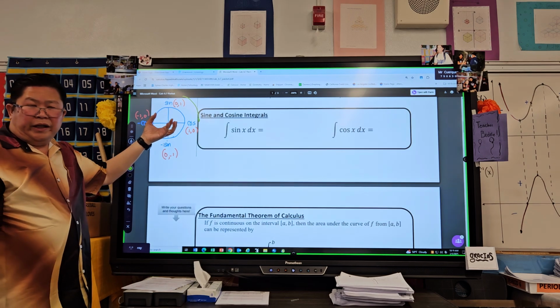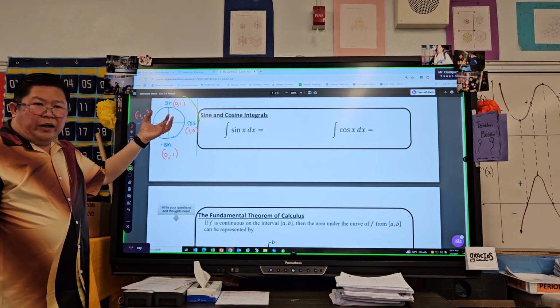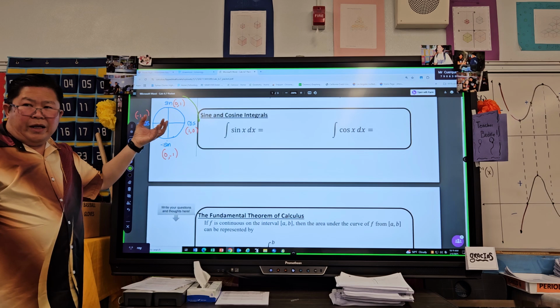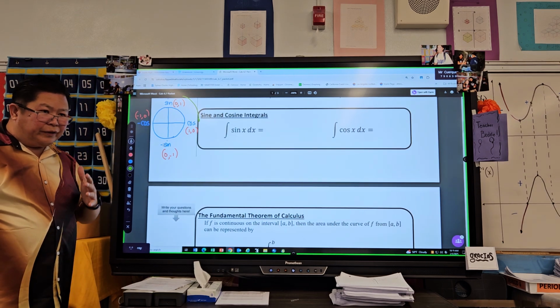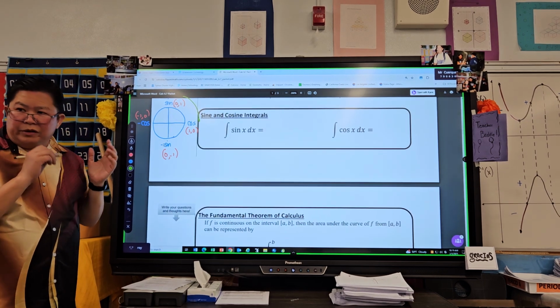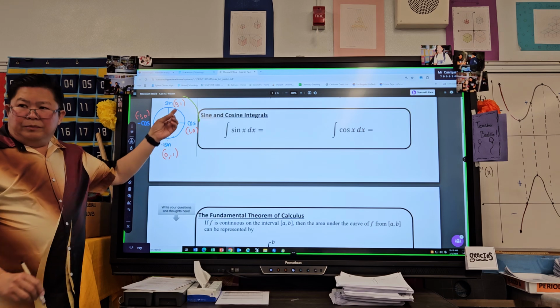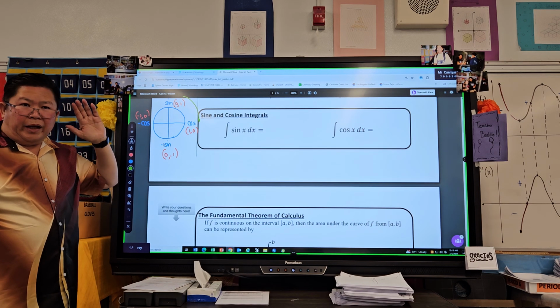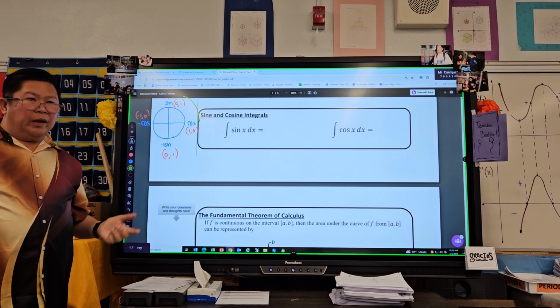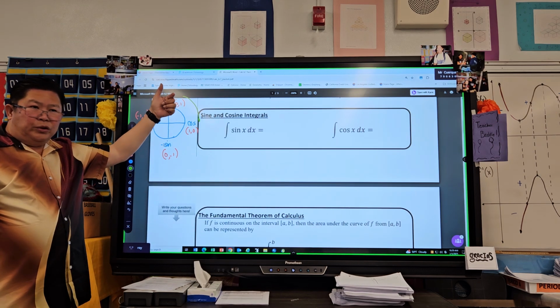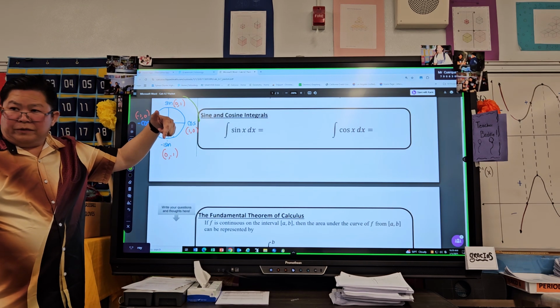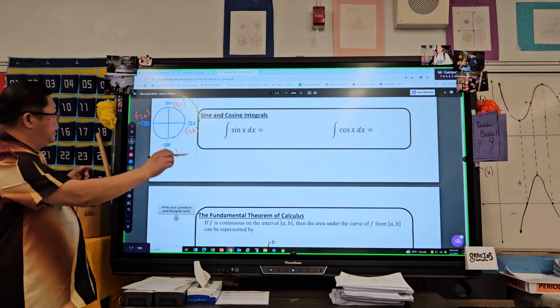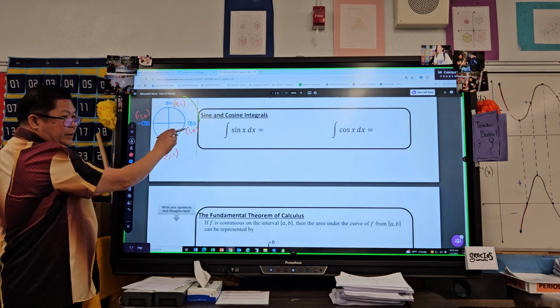This is a mnemonic device. Now, in the actual AP, in case you forgot everything, just draw a small circle and make that sine, cosine, negative sine, negative cosine. Then, if you are doing derivative, you go clockwise. Again, the derivative of sine is cosine.